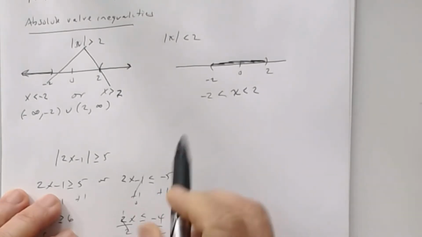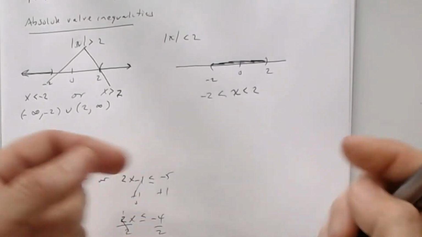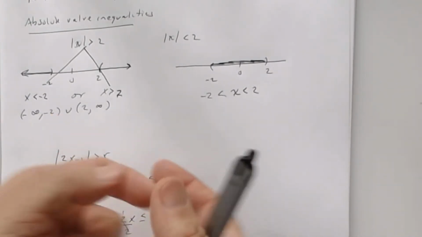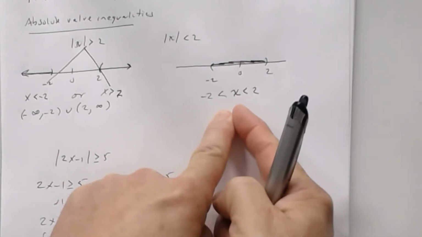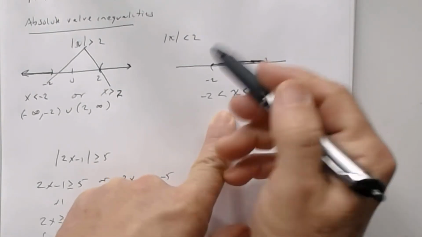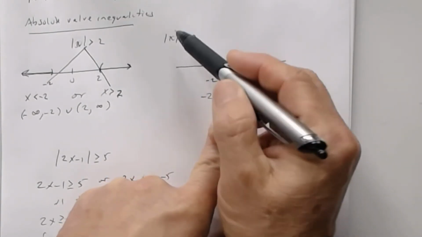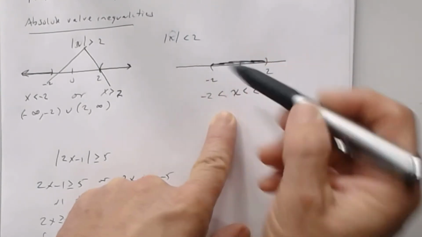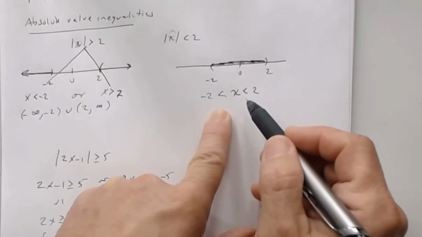That's how we did a less than, with this compound statement. One of the worksheets you turned in today was things that look like this. So basically the idea is this. If you have an absolute value less than, you take the expression inside the absolute value bars, and you write it as this particular compound statement.